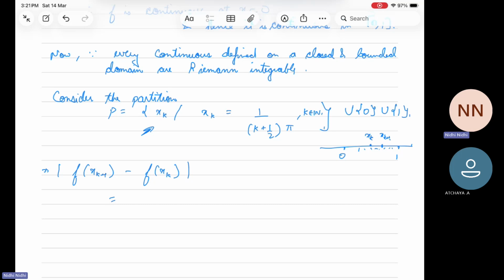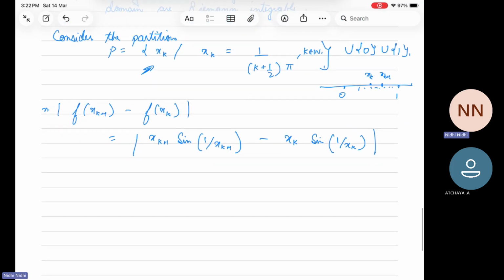So we see what happens here. This is equal to, by definition, x_{k+1} sin(1/x_{k+1}) minus x_k sin(1/x_k).